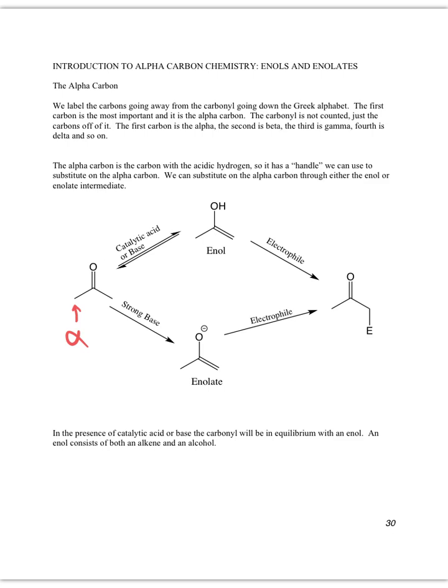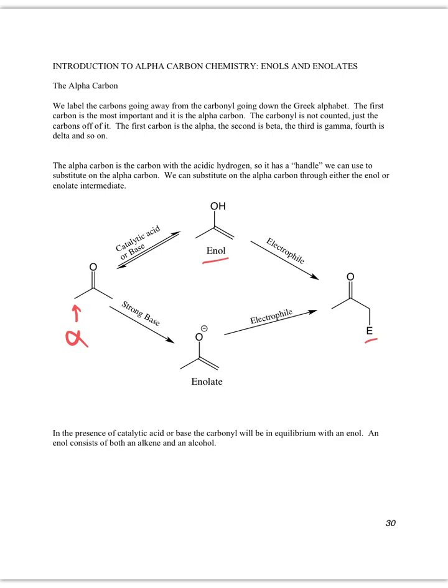So we can, with catalytic acid or base, form an enol. En because of the carbon-carbon double bond, the ol because of the alcohol, and the enol can react with an electrophile to add that electrophile on the alpha carbon. Or we can add a strong base to the ketone or aldehyde, ester, whatever.